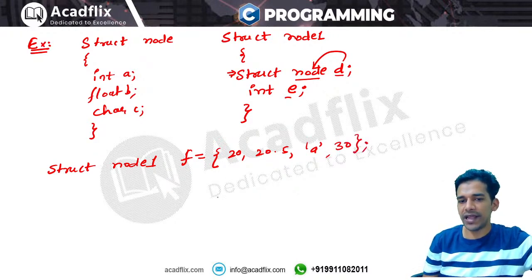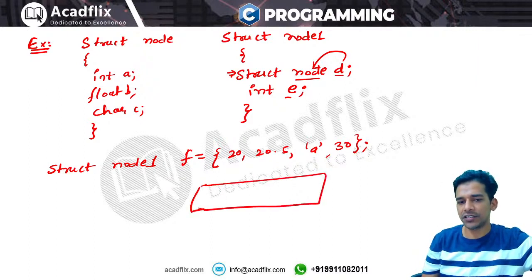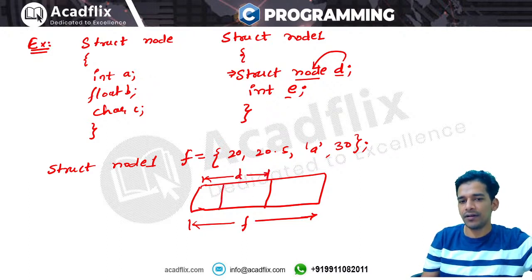This simply means that we have a structure node1, that is f. In this structure we have a structure d, and d has three members, that is integer member, float member and character member, right?